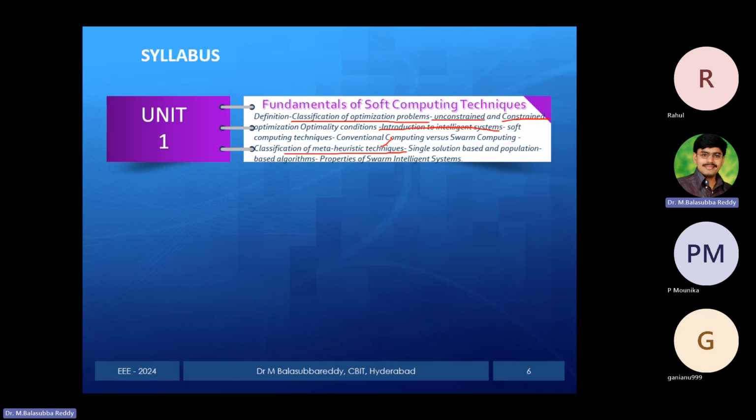So now, single solution based and then population based algorithms, and then the properties of swarm intelligence techniques. So these are all whatever we mention here in the topics. The first unit is the fundamentals of soft computing techniques. Once we are able to complete this, the remaining three units are very simple: genetic algorithm, PSO, and another one is DE, the differential evolution algorithm techniques.